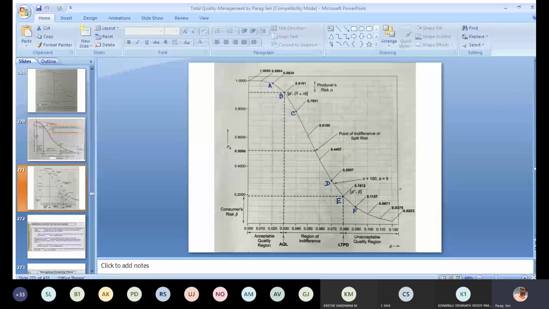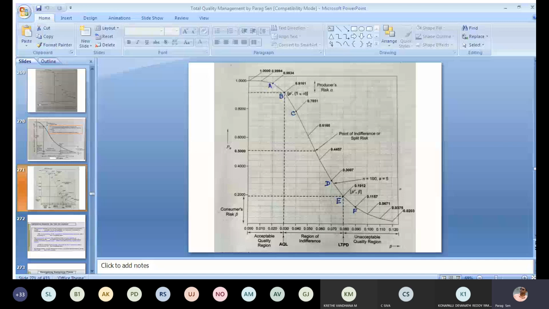So why do these risks actually occur? These risks take place because we very often do not go for the total lot inspection. We go for only sample inspection, and there can be variation in samples.